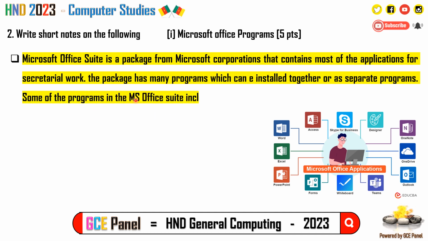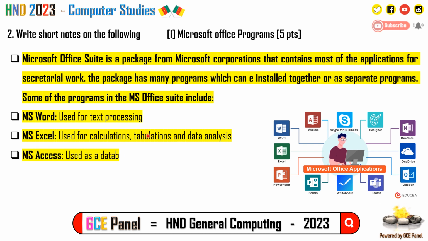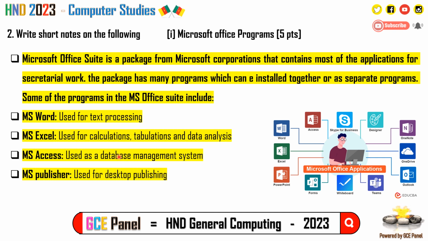Some of the programs in Microsoft Office Suite include: Microsoft Word, used for text processing; Microsoft Excel, used for calculations, tabulations, and data analysis; Microsoft Access, used as a database management system; Microsoft Publisher, used for desktop publishing; Microsoft PowerPoint, used for presentations.